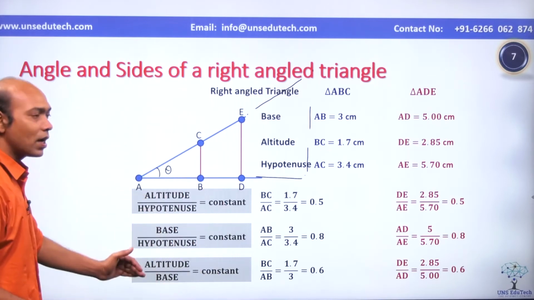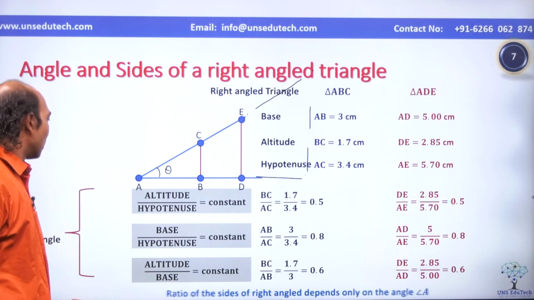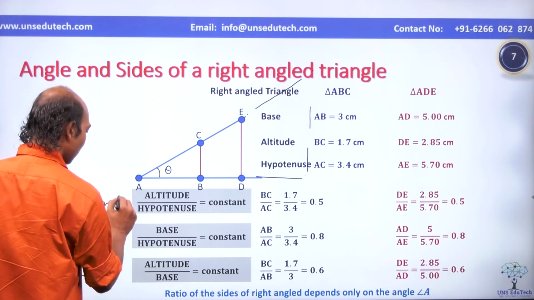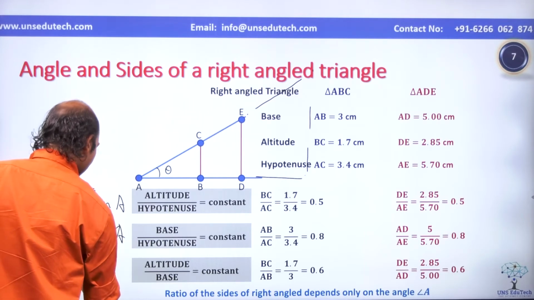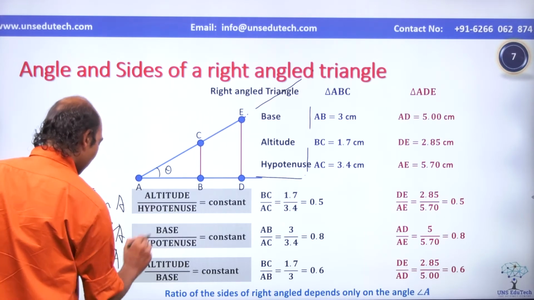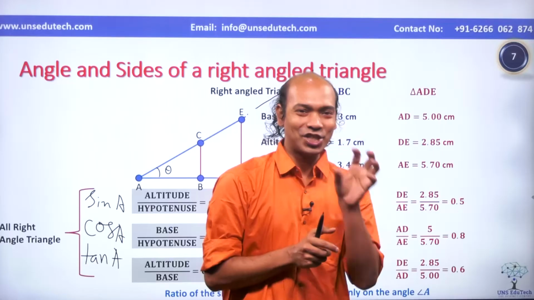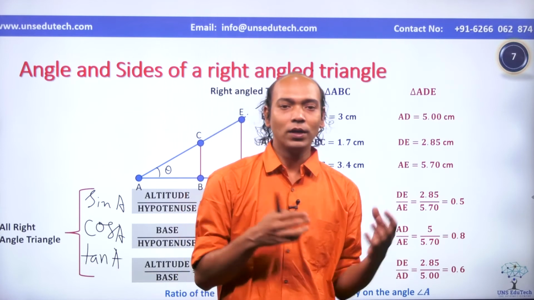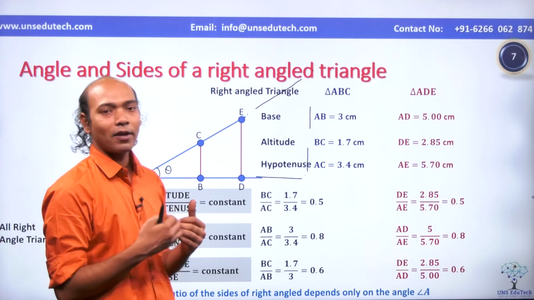These ratios are defined as sine A, cos A and tan A. These are the ratios we get from the sides of a triangle, and the angle connects with them through trigonometry, and we calculate sine A, cos A, tan A and all that.